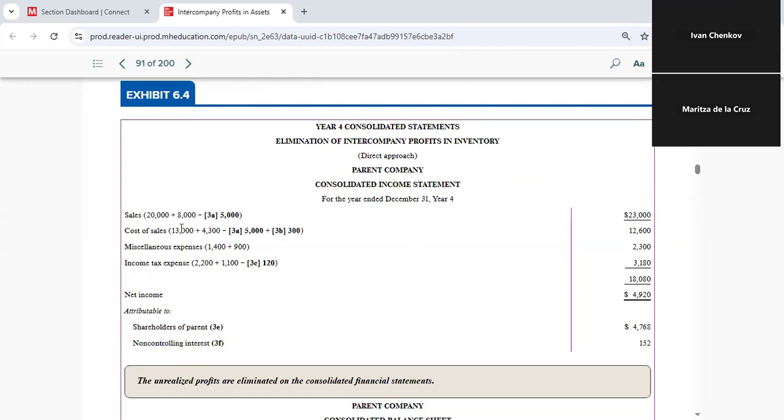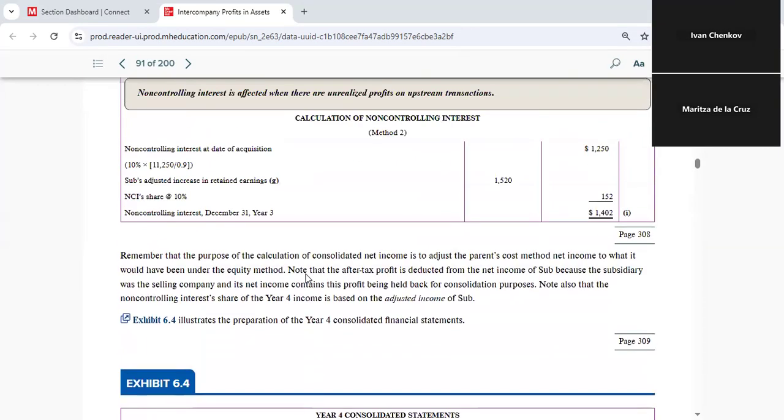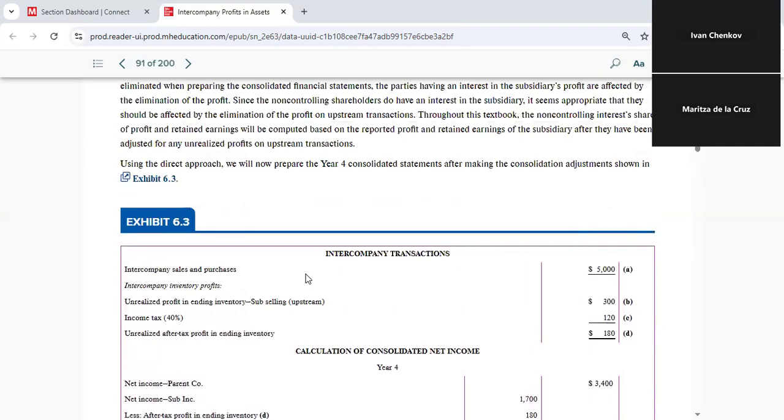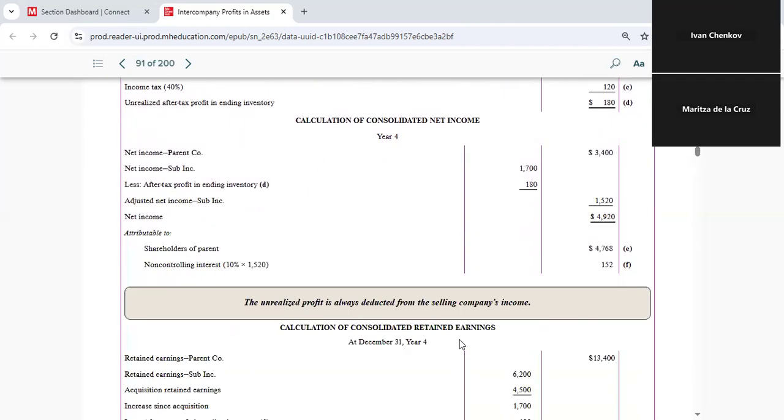Then on the cost of goods sold, we're going to get the cost of goods sold of the parent plus the cost of goods sold of the subsidiary, minus the intercompany transaction, but we're going to add the $300, which is related to the unrealized profit on the upstream side.